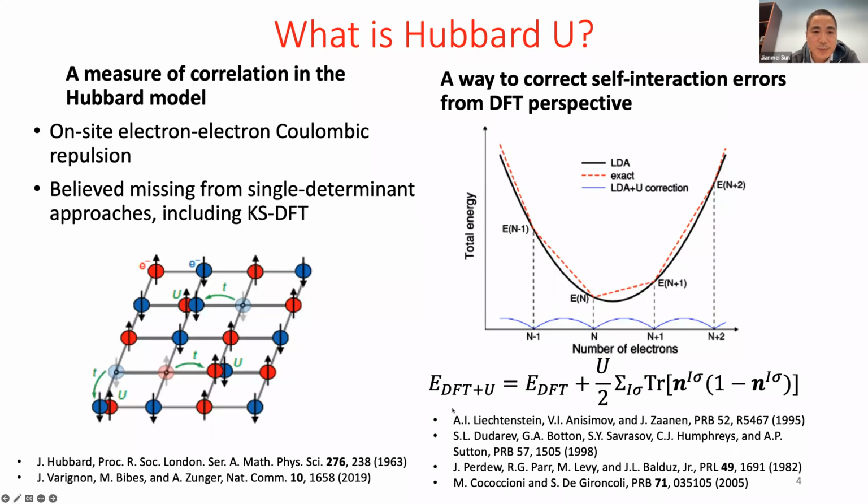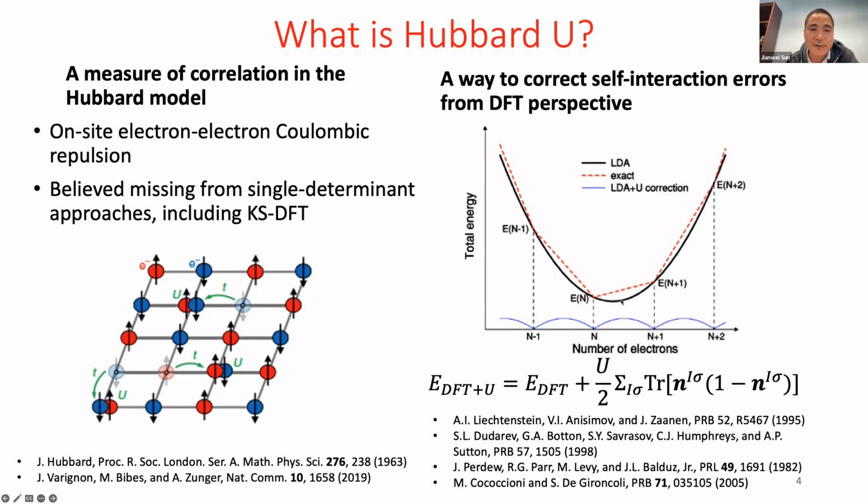Then in DFT plus U, in the usual implementation, you can add this correction, where U is positive, and this correction will penalize fractional occupation. This is just a measure of occupation numbers in the d orbitals, and any fractional occupation will give you a positive number here and therefore raise the energy.